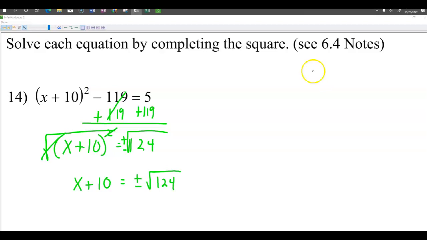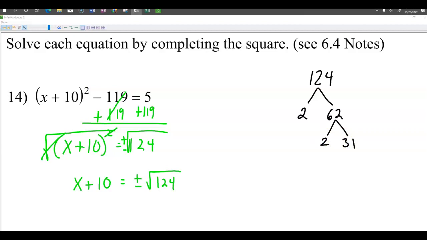I'm going to switch colors here. So what times what makes 124? Well, you can just keep dividing numbers until you find one that works, but I can see that that's an even number, so I know that 2 can go in there. So if I divide 124 by 2, I get 62. It's still an even number, so I could break that down also. 2 goes into 62 31 times.